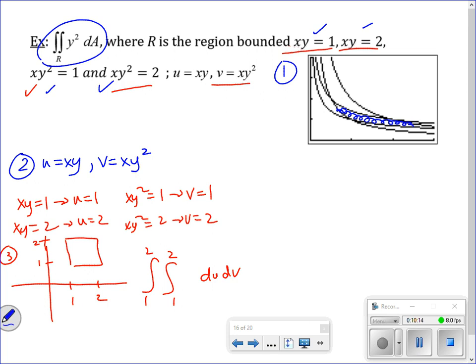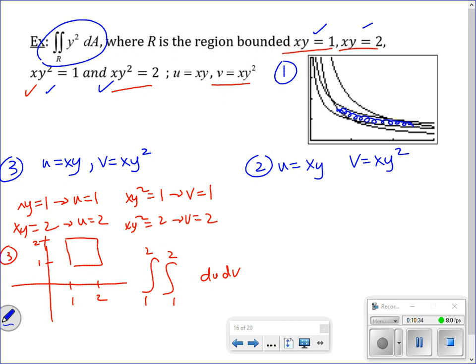All right, so actually, let me go back. That was kind of more like step 3. Let me go back and do step 2. Step 2 was finding your new equations. So u is equal to xy, v is equal to xy squared, and let's see.